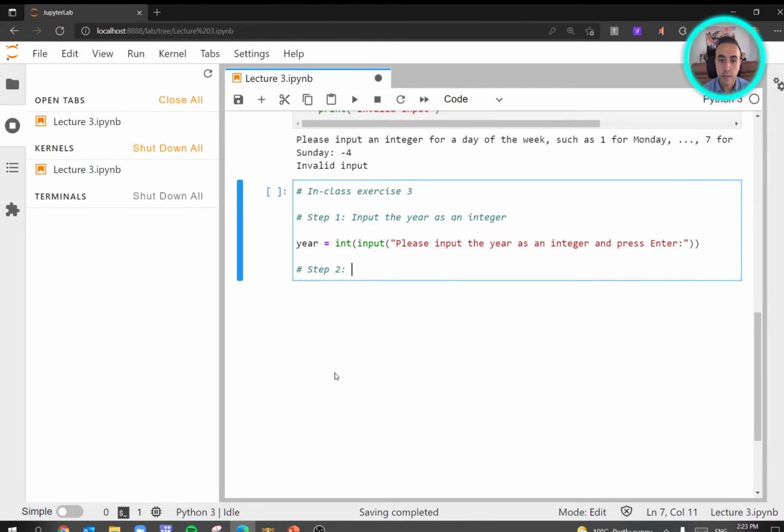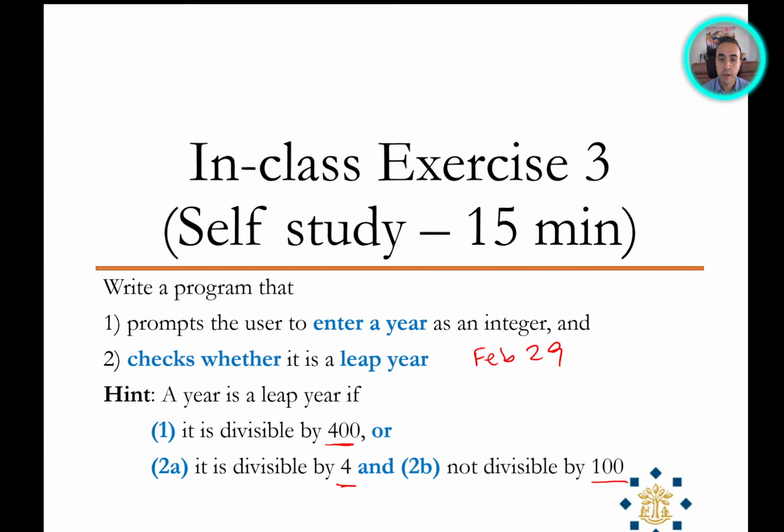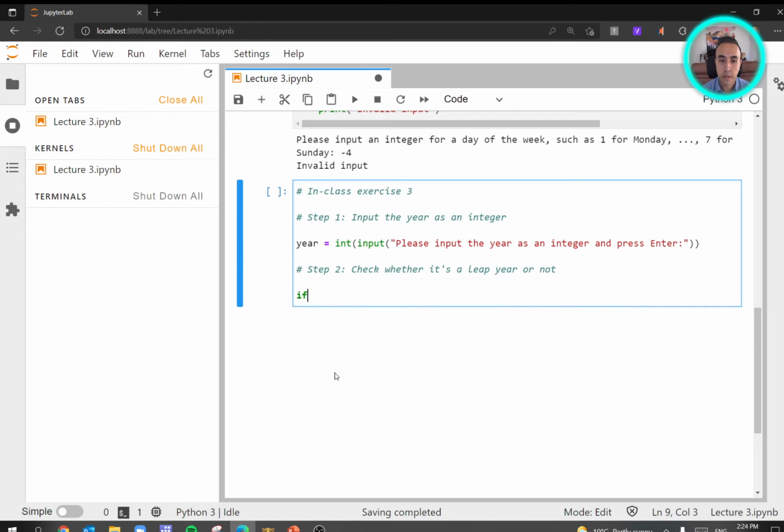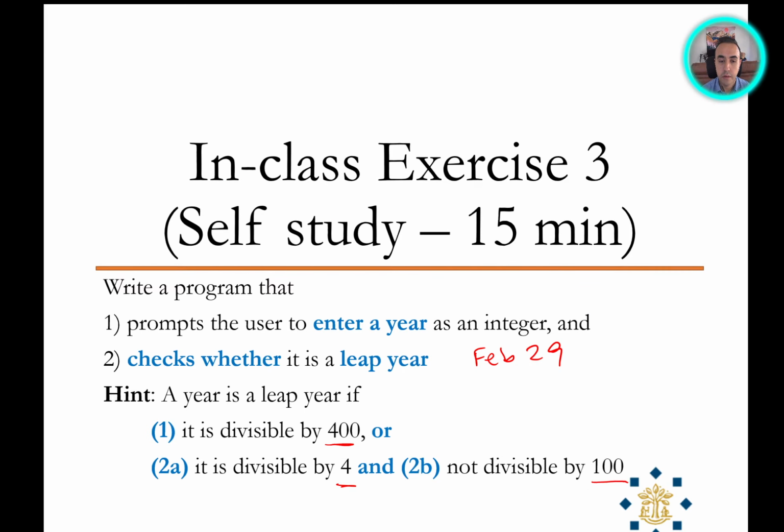Okay, and then the second step, we check whether it is a leap year or not. So how do we check it? It is either this or the compound thing here.